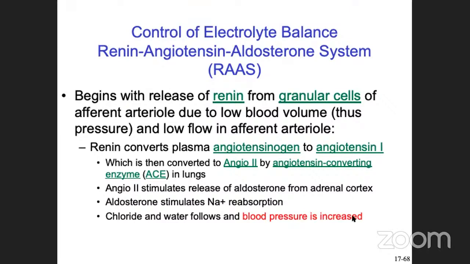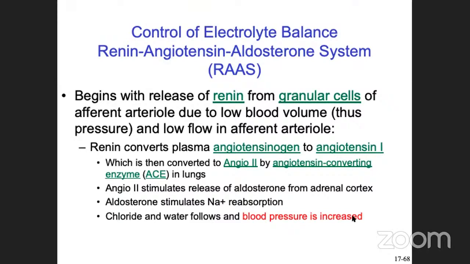It begins with the release of renin from the granular cells of the afferent arteriole due to low blood volume, low blood pressure, and low flow in the afferent arteriole. On the afferent arteriole, as I mentioned, most blood vessels have special baroreceptors that can sense or detect any changes in the flow, the velocity, or the pressure of the blood.